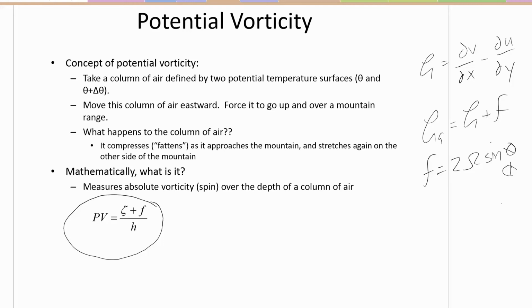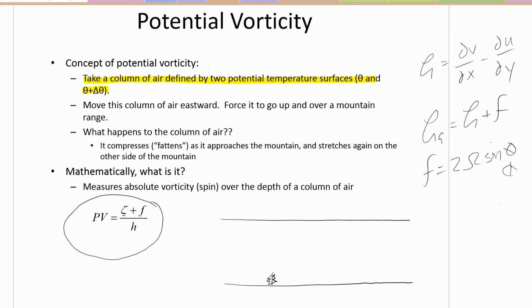So the concept of potential vorticity, back up to the top here, and I'll do a highlighter, is that you take a column of air defined by two potential temperature surfaces, theta and theta plus del theta, and I'll draw that down here at the bottom. So all that's saying is we have the surface of the Earth down here with trees and whatnot, and then we have the top of the troposphere.